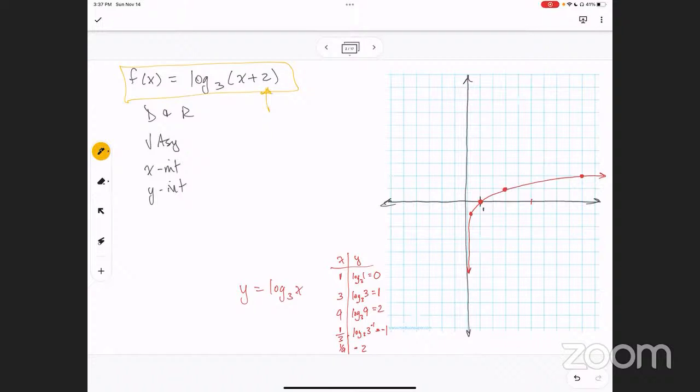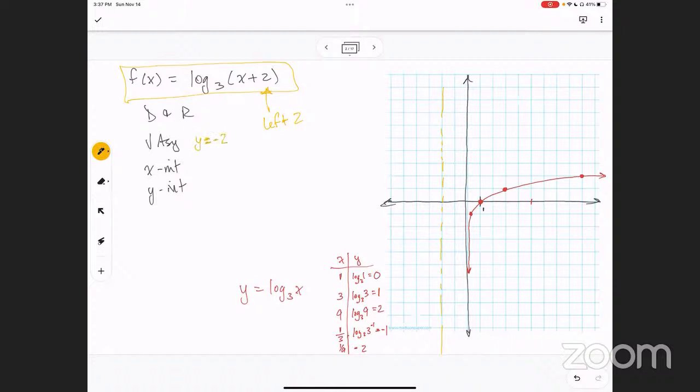It's going to shift it left 2. Very good. So every one of these points is just going to shift, and the vertical asymptote is going to shift left 2.